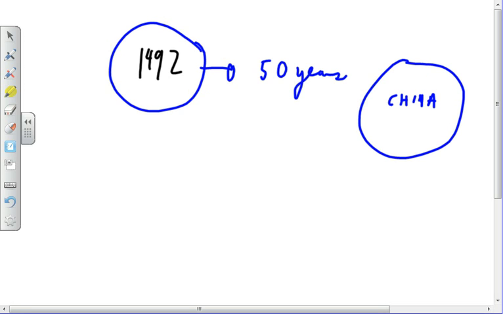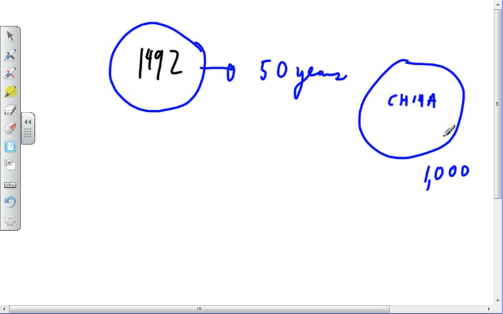So in China, 50 years before Columbus, there was a Chinese admiral at the time. He had a 1,000-ship navy. And these were not little things. These were all ocean-going ships. And he was set to take that 1,000-ship navy and conquer the entire world.